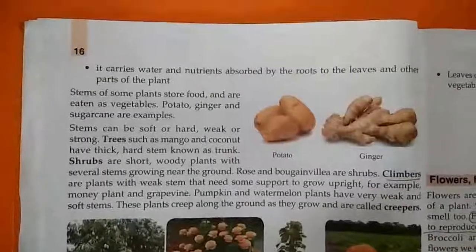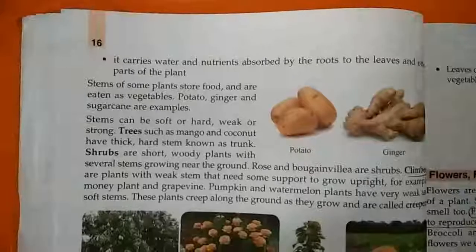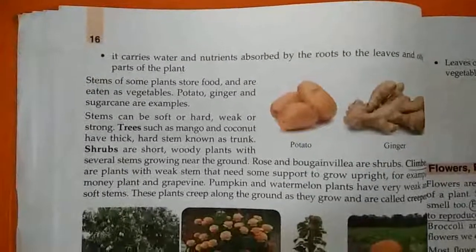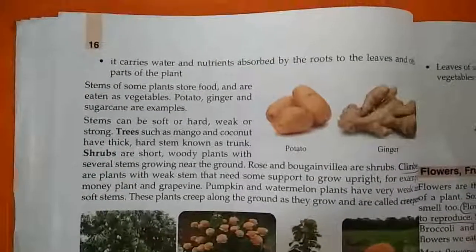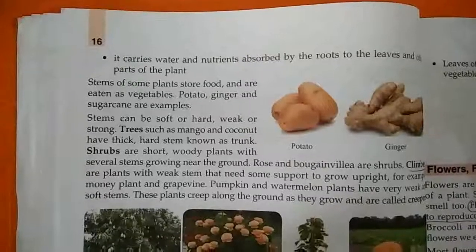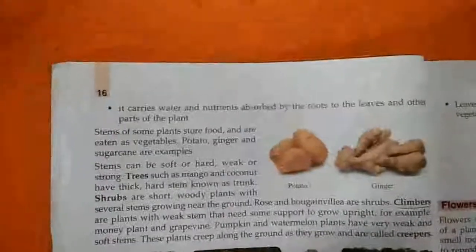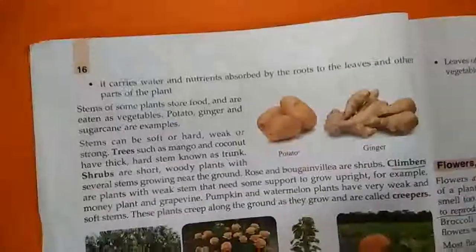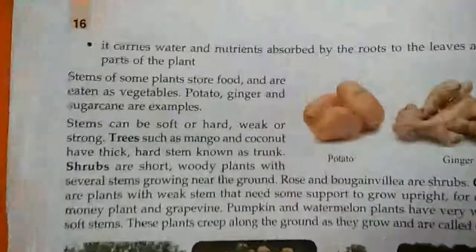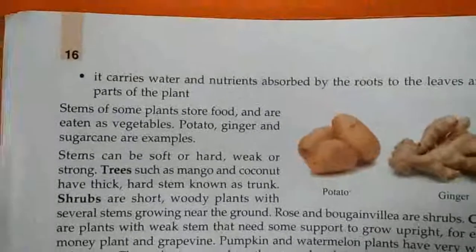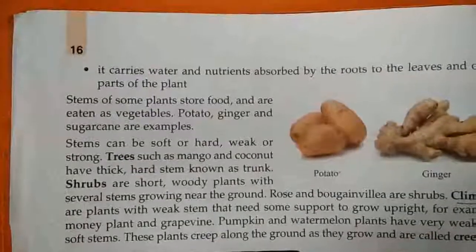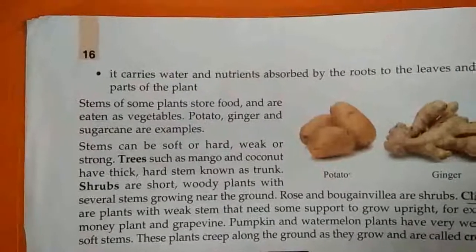What is the function of stem? It carries water and nutrients absorbed by roots to leaves and other parts of the plant. Stems of some plants store food and are eaten as vegetables. Potato, ginger and sugarcane are examples.